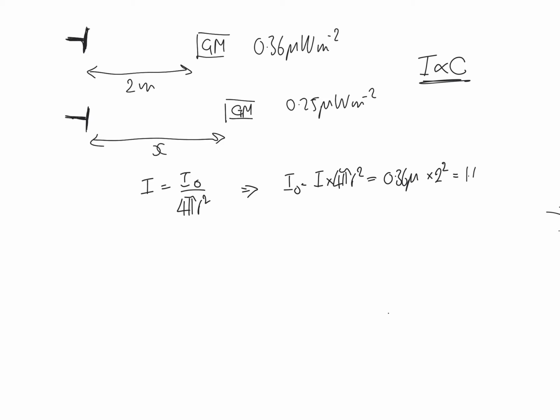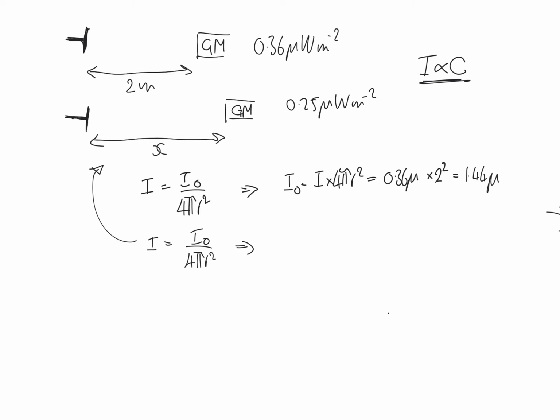And that gives me 1.44 microwatts per meter squared. Okay, so in the second part, using that data, I know what the intensity is. It's setting up the equation again.